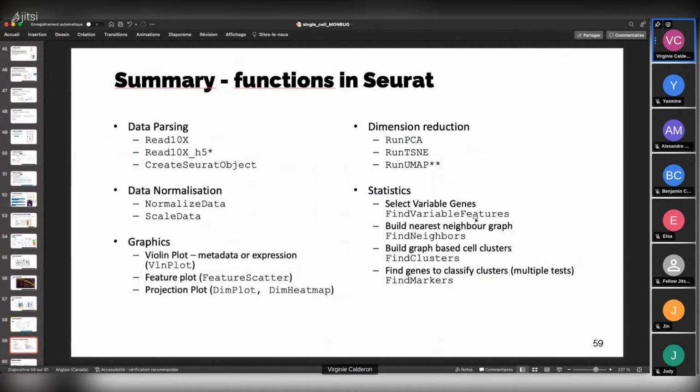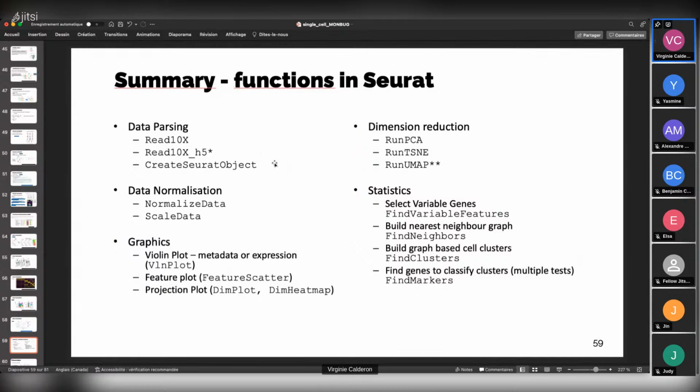So with this presentation, I showed you a lot of options, a lot of functions from Seurat. So here, just an overview of all these functions, the main functions, I would say. Of course, there is a function at the beginning to import 10x results. It's called Read10X.